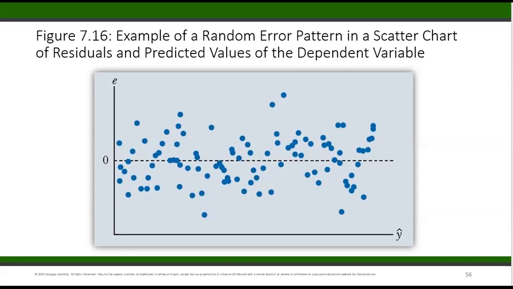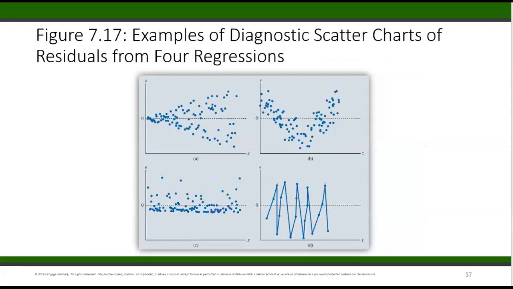So this is a good example, and now I have a few bad examples. Here we have 4 examples. In each one of these panels, one of the necessary conditions is violated.